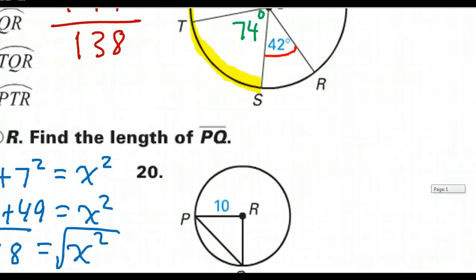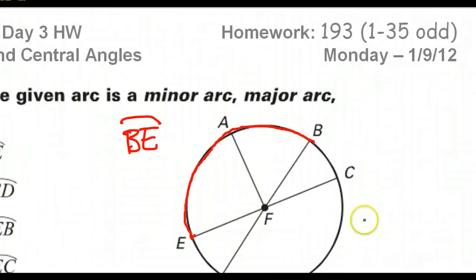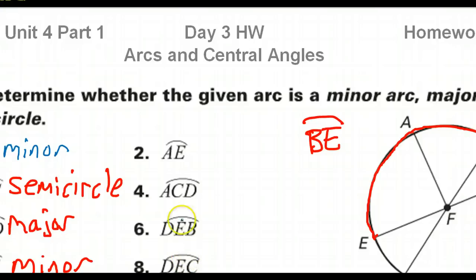If they just give you a two-letter designation, like BE, that automatically means the short way around, the minor arc from B to E. If you want a major arc, the long way around, you have to include a third letter.